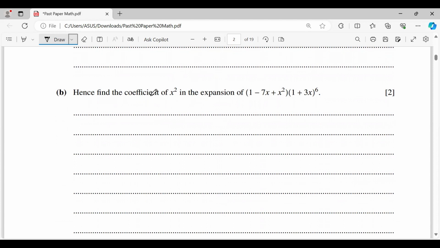So we're going to find the coefficient of x squared. So it means it's going to be like this: (1 minus 7x plus x squared) times (1 plus 3x) power 6.